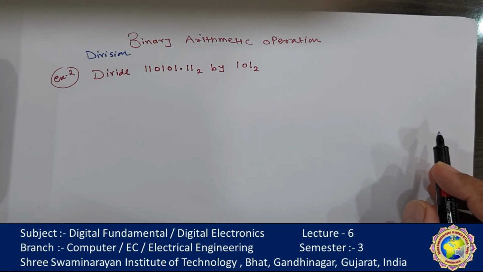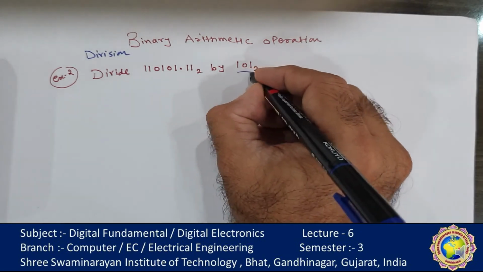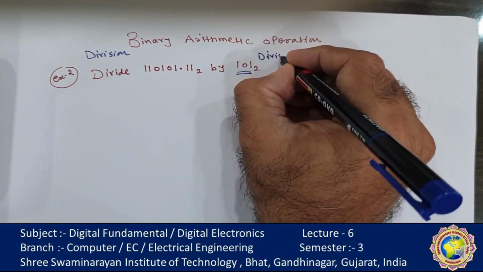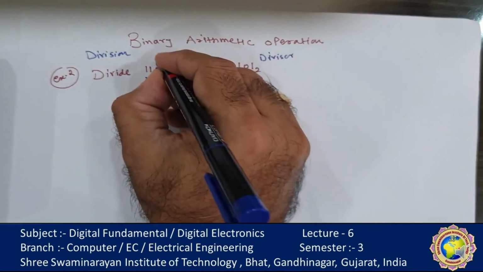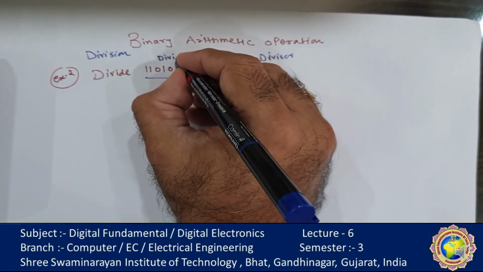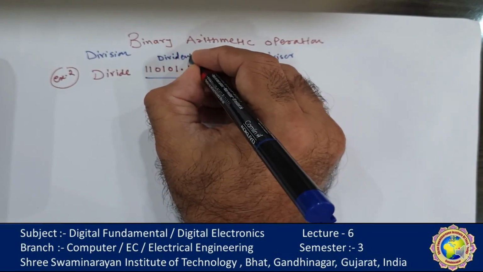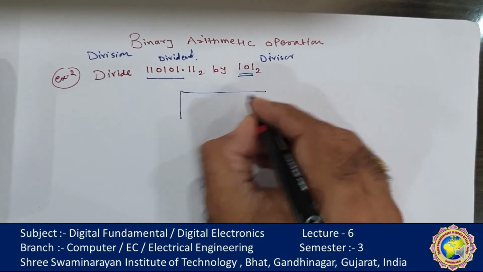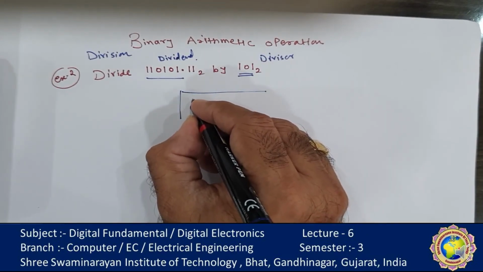So here the divisor is 101 and the dividend is 110101.11.